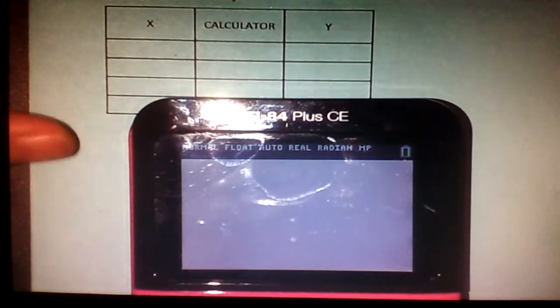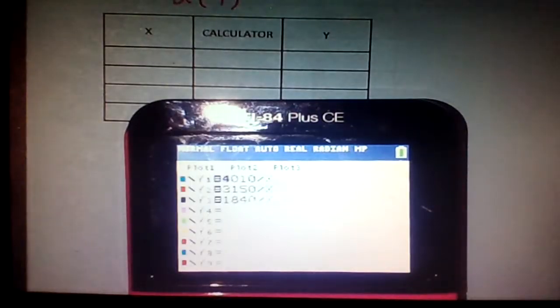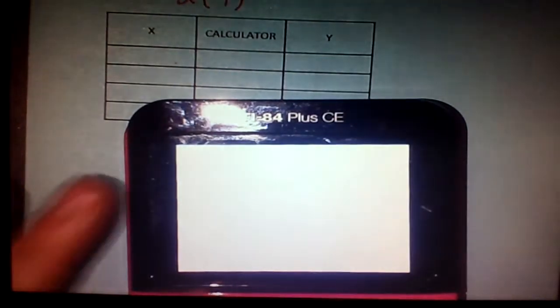So in your calculator, I want you to go to y equals. I need to clear mine out.